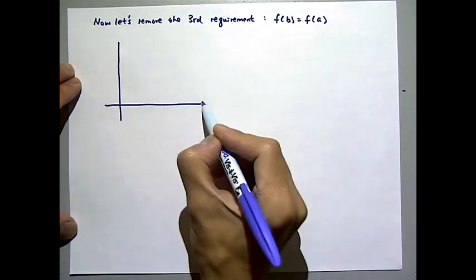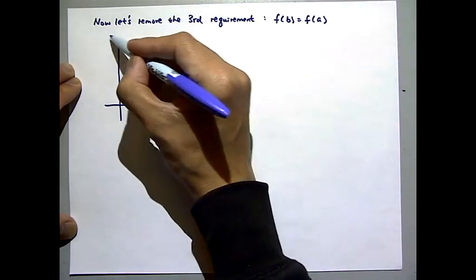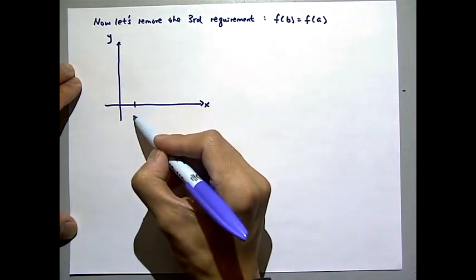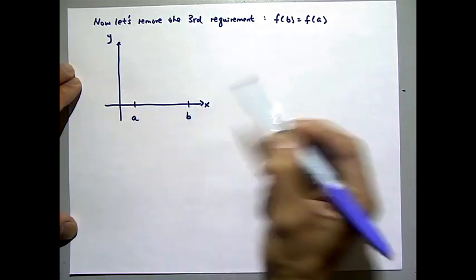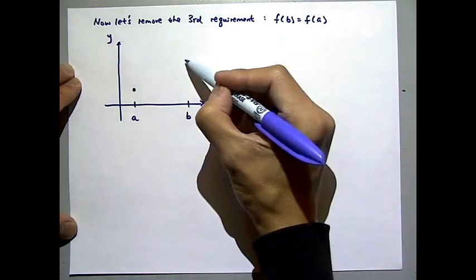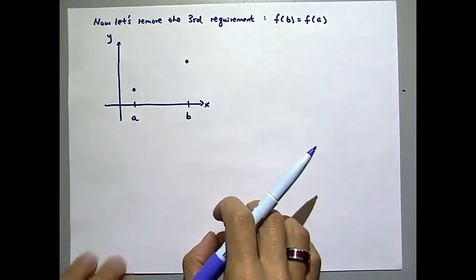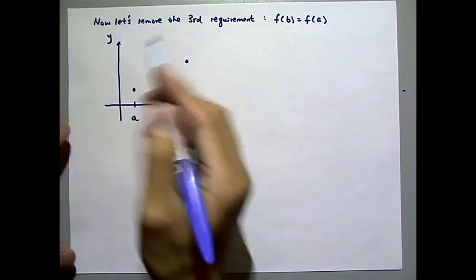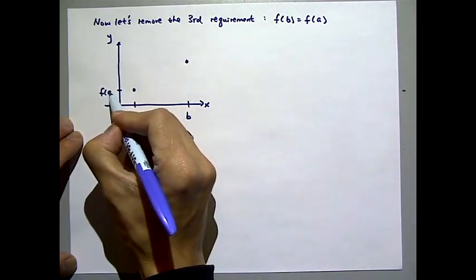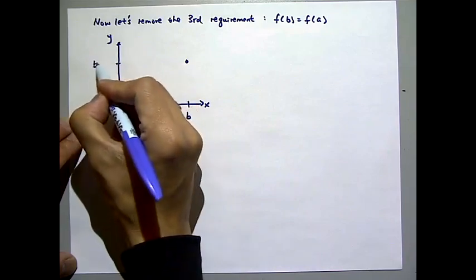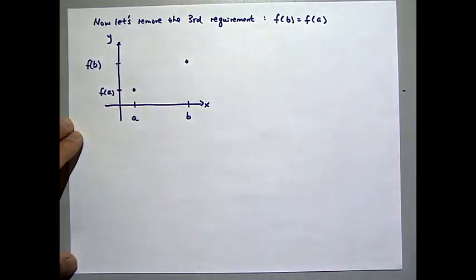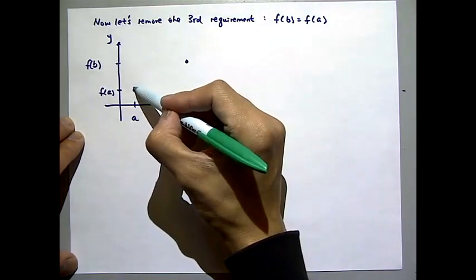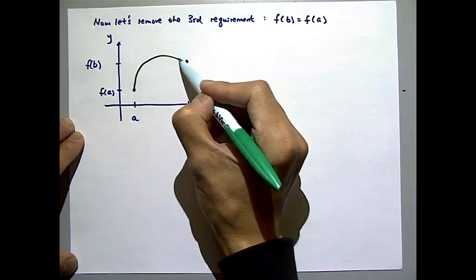And what the mean value theorem says is that, I'll sketch the graph and you can see. It's another theorem that is very obvious once you've seen the graph. So let's make f of a down here, f of b up here. They don't have to be the same anymore. And I'll sketch a continuous and differentiable graph, so polynomial.